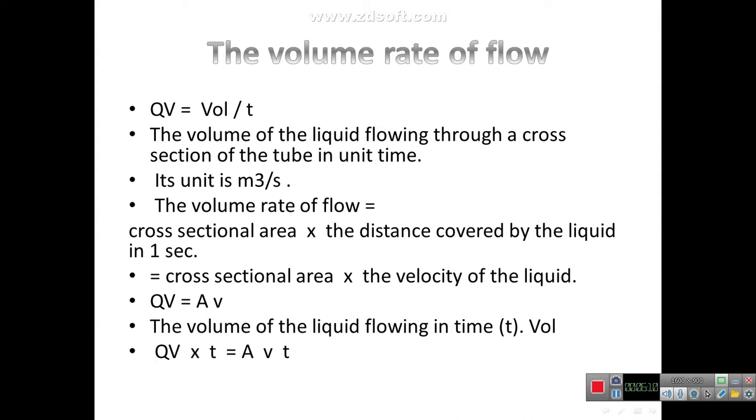The flow rate is the quantity of liquid that flows through a definite cross-sectional area of a tube in one second, and it can be expressed as the volume flow rate. The volume flow rate is defined as the volume of liquid that flows steadily through a definite cross-sectional area of a tube in one second, and it is measured in cubic meters per second.